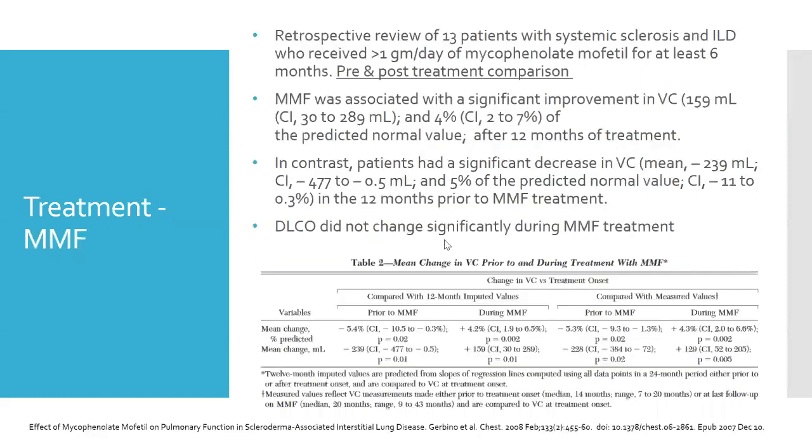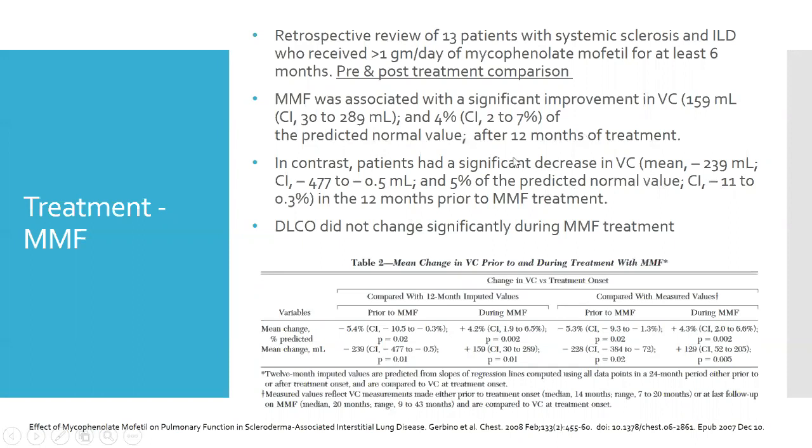And the other option came in the form of mycophenolate. This study was published in Chest in 2008. It was a retrospective review, and it was only 13 patients, but what they did was give them mycophenolate for at least 6 months, more than 1 gram a day, and compare their pre- and post-treatment FVC decline. What they saw was that in the year prior to MMF, these patients had a significant decrease in vital capacity, and the average was minus 239 ml.